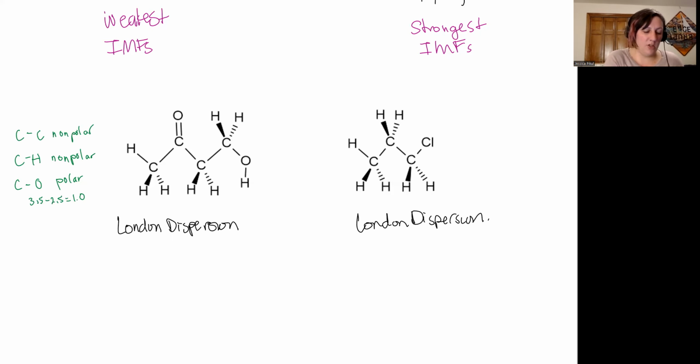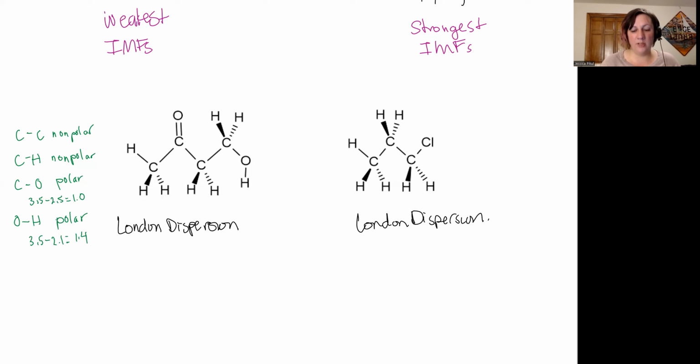And we also have an oxygen-hydrogen bond, which is going to be polar. 3.5 minus 2.1 gives a 1.4 electronegativity difference. So I can go through and determine which of these have polar and nonpolar bonds.